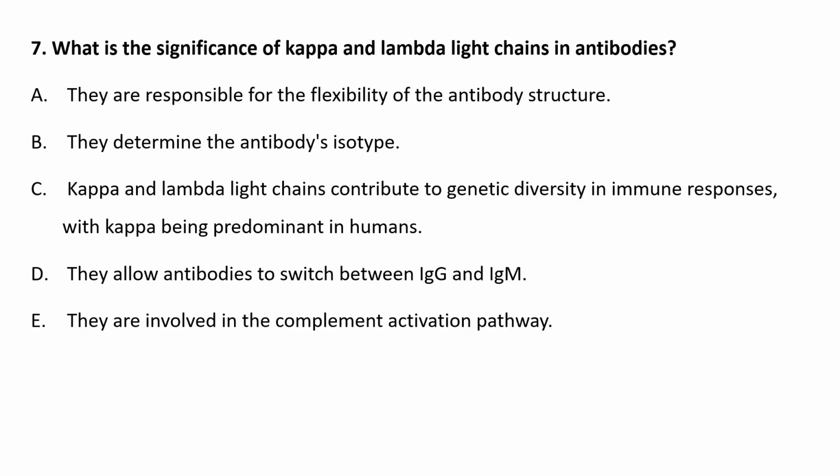Our next question is, what is the significance of kappa and lambda chain in antibody? So we know that kappa and lambda are light chains. These contribute to the genetic diversity in immune response, with kappa being predominant in humans. Yes, we have seen this.